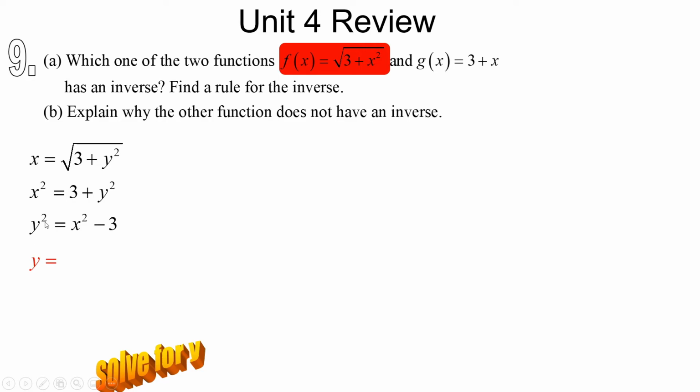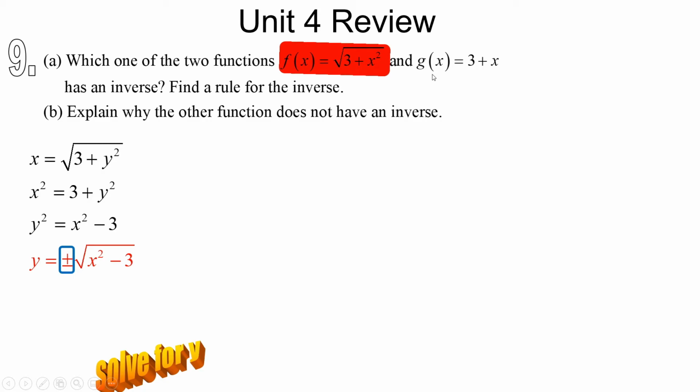The square root of y squared is y equals, and when we square root the other side, we have to talk about the positive and the negative root. Don't forget that: plus or minus the square root of the quantity x squared minus 3. Now this plus or minus right here tells me that this is not a function. All right? So it's not a function. Therefore, f of x equals root of 3 plus x squared does not have an inverse.